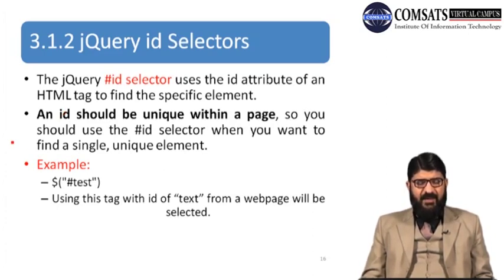And always remember, the ID should be unique for a page, so that you can use the ID selector when you want to find a particular unique element. In order to find a specific element on a web page, it should have a unique ID, represented with #id. Let's see the example.